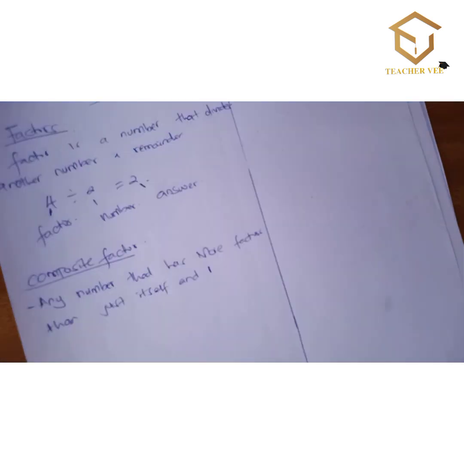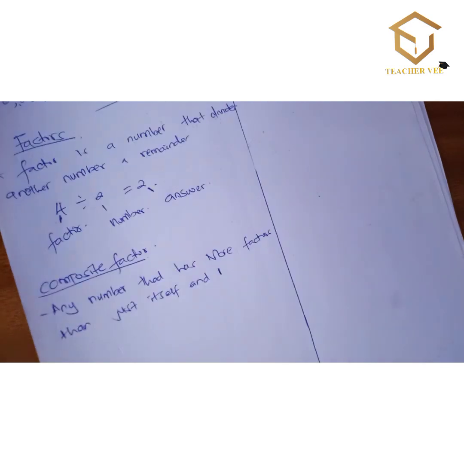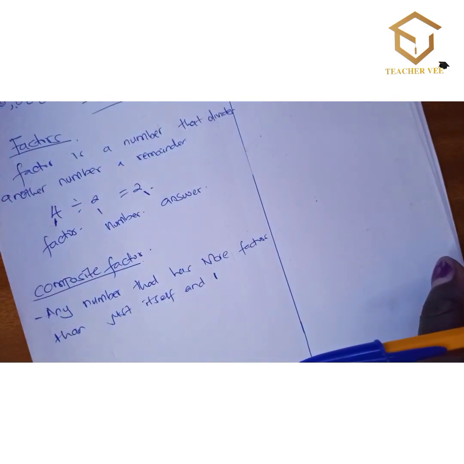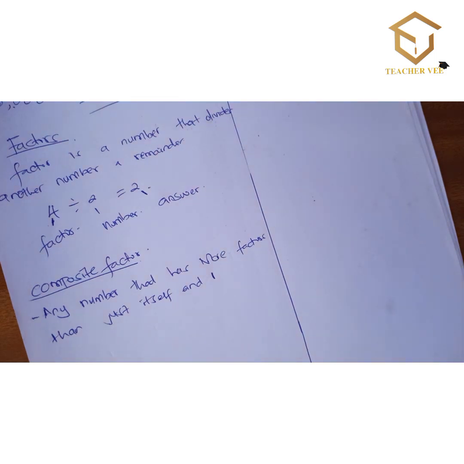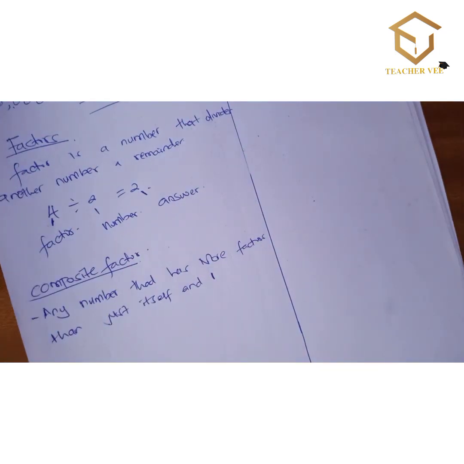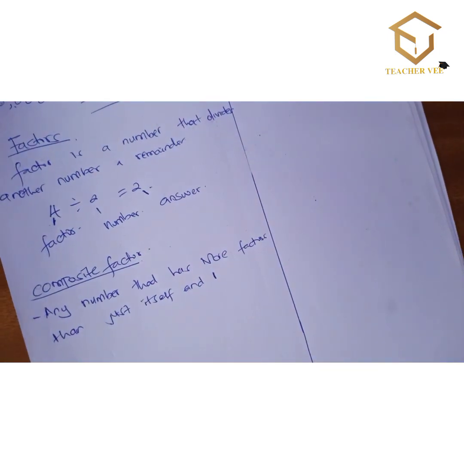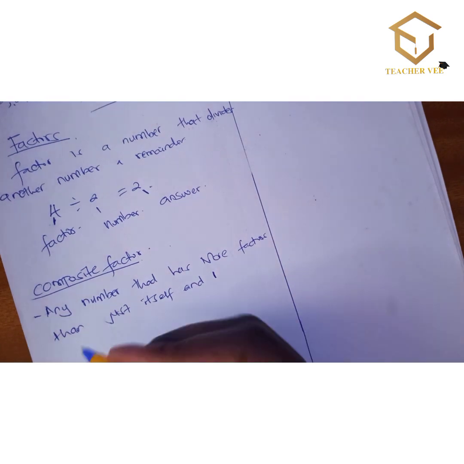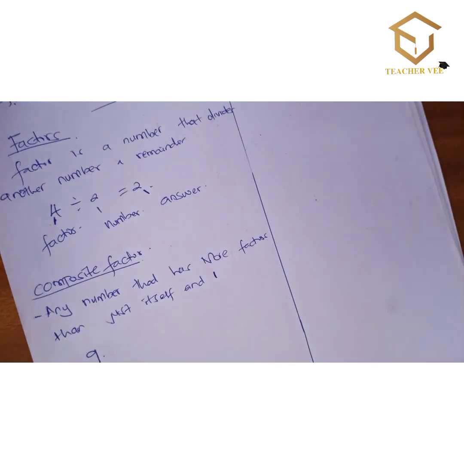In our last topic, when we talked about the natural numbers, we talked about prime numbers, which are the numbers that are divisible only by 1 and itself. Now, composite numbers are the opposite of prime numbers. It is any number that has more factors than just itself and 1. For example, we have 9. 9 is not a prime number.